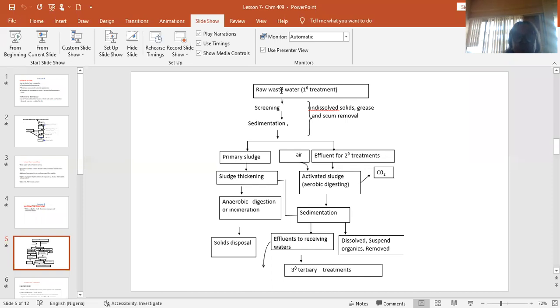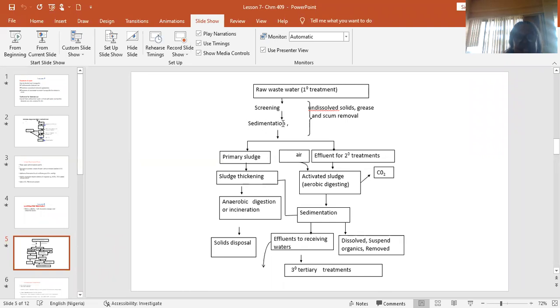Let's say the raw wastewater could be sewage or whatever it is. Screening means you are sieving out, or let's say it's a textile industry, you screen, meaning you have a mesh that would not allow the big particles to pass through. That's called screening. That's the first stage. Then the next stage is called sedimentation.